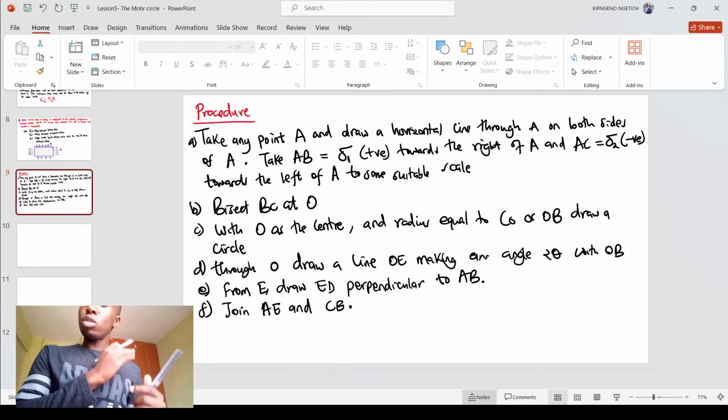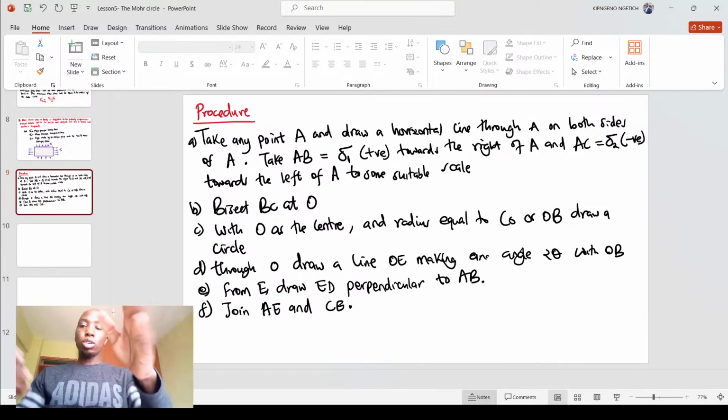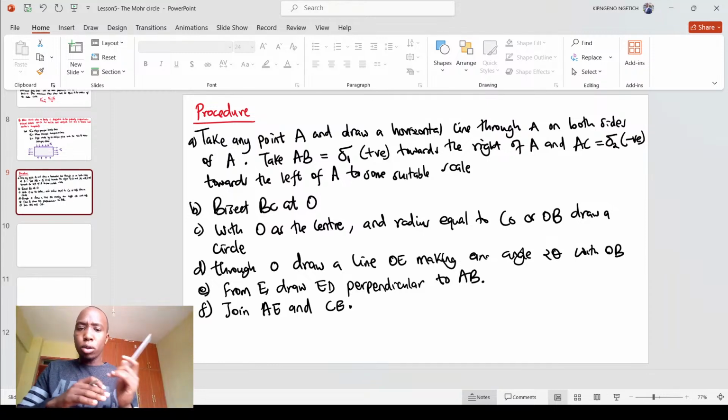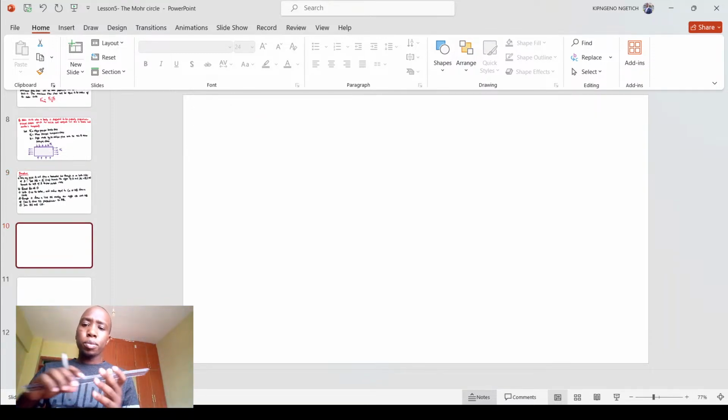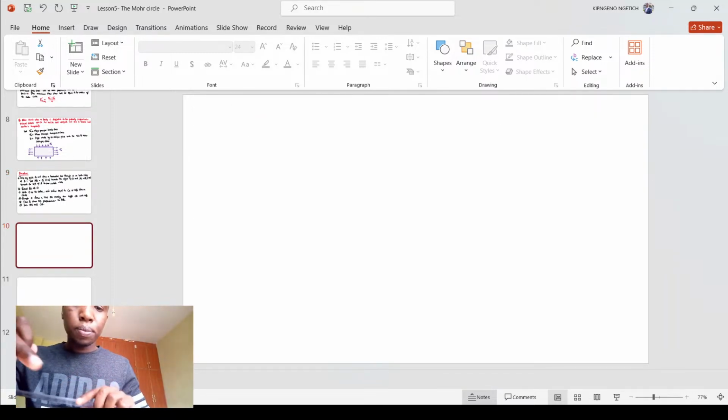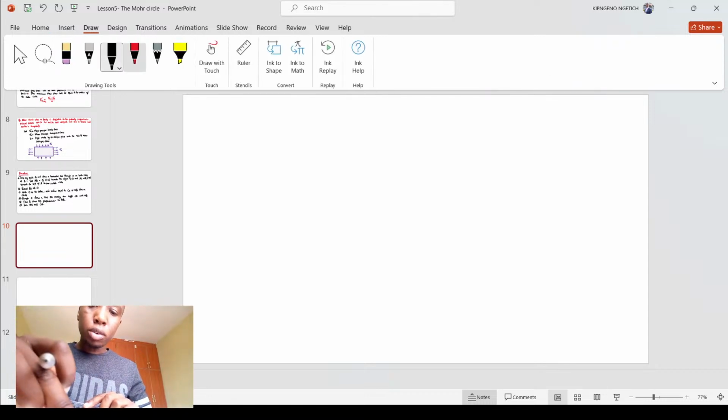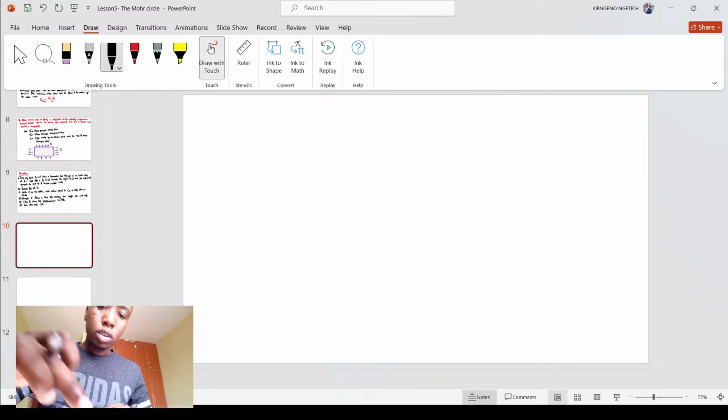I won't draw it at the extreme; you draw it near the middle. Let me use this kind of pen.